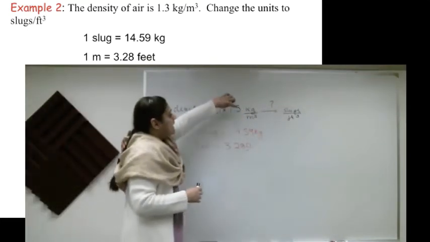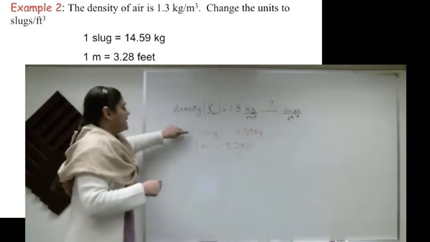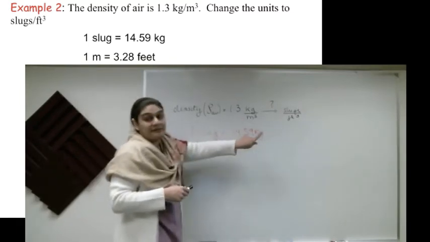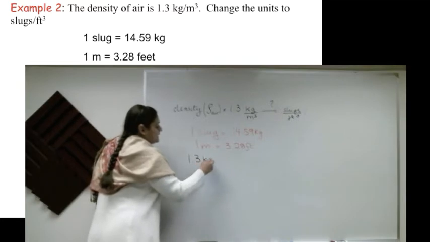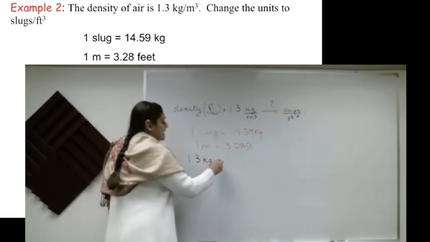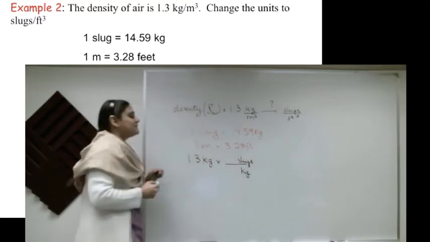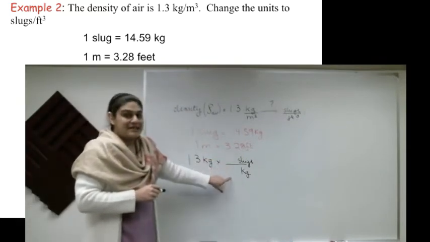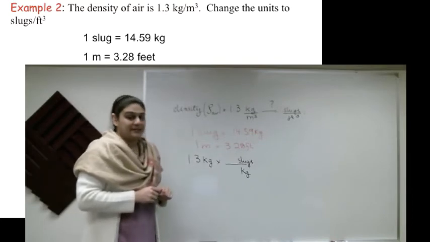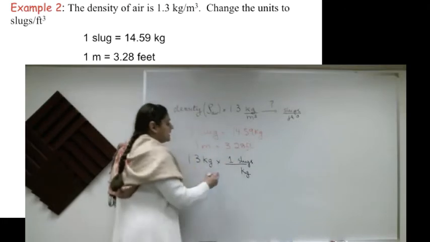Okay, now how do I do this? First of all, I need to convert kilograms into slugs. One slug equals 14.59 kilograms. So I'm going to write 1.3 kilograms times, and I want to come up with an answer in slugs, so I'm going to write one slug over 14.59 kilograms.